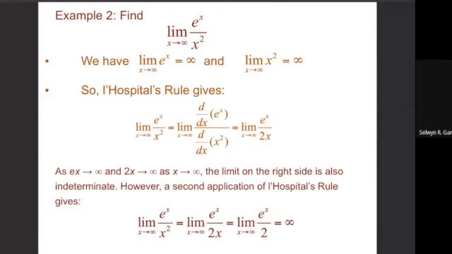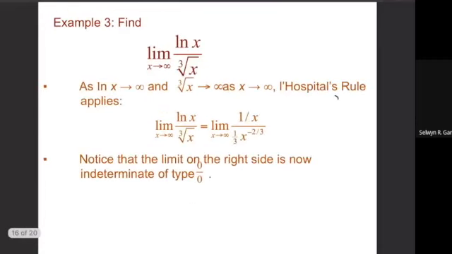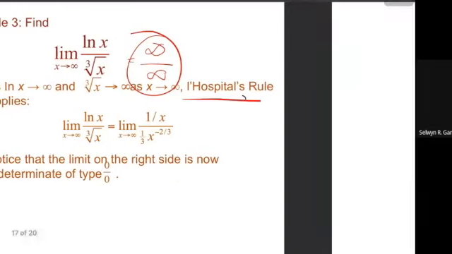So this is of the form infinity over infinity, and we have another of the form infinity over infinity. So you have to take note that if you are going to evaluate a function that is of this form, then L'Hopital's rule may be used.